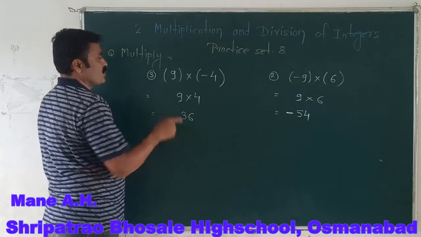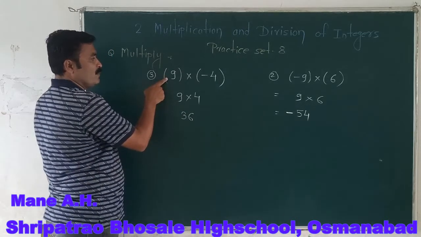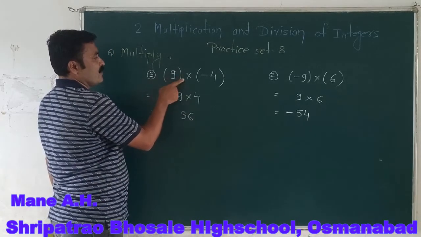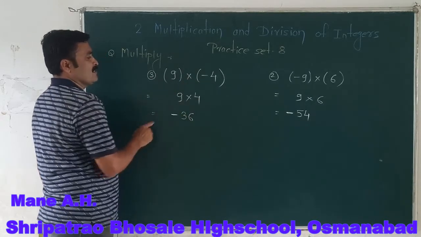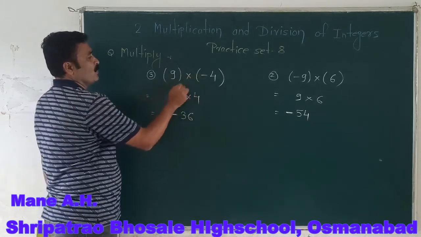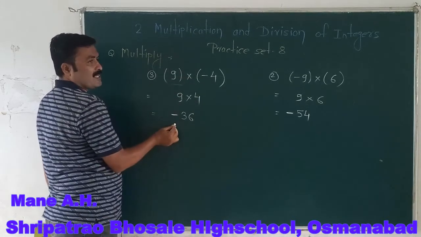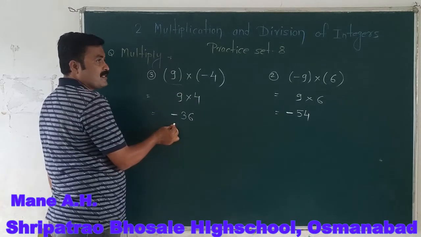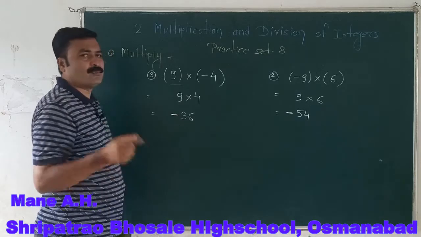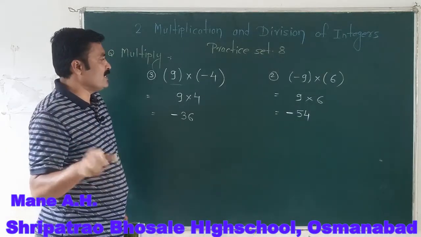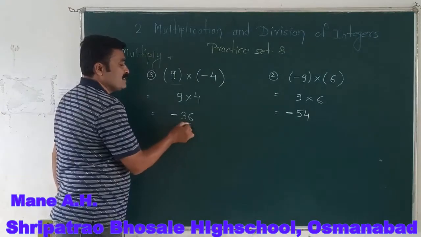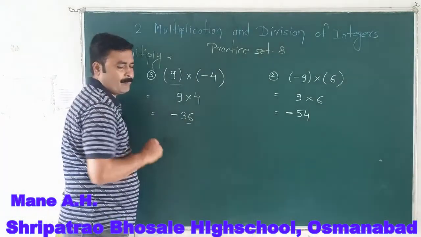Now the important step, signs multiplication: plus into minus is always minus. So 9 into minus 4, we obtain the product as minus 36. So we say that the product of one positive integer and one negative integer is always a negative integer.